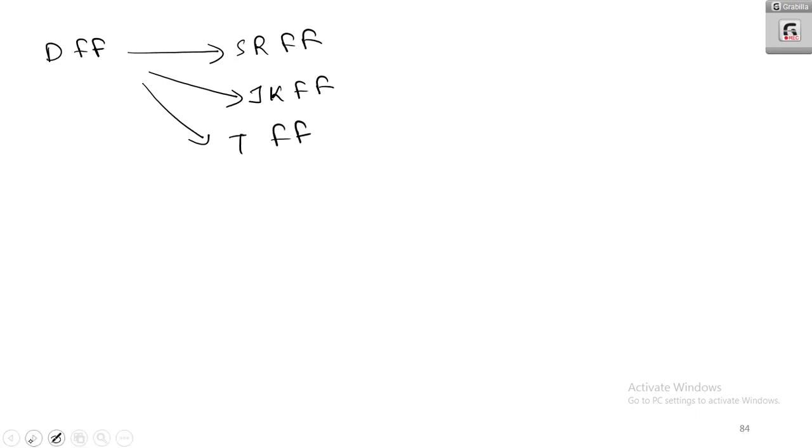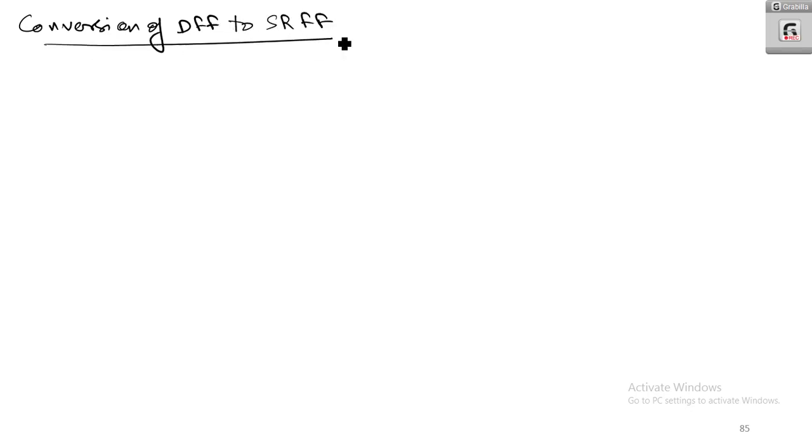So the first one is conversion of D flip-flop to SR flip-flop, or realization of SR flip-flop using D flip-flop.